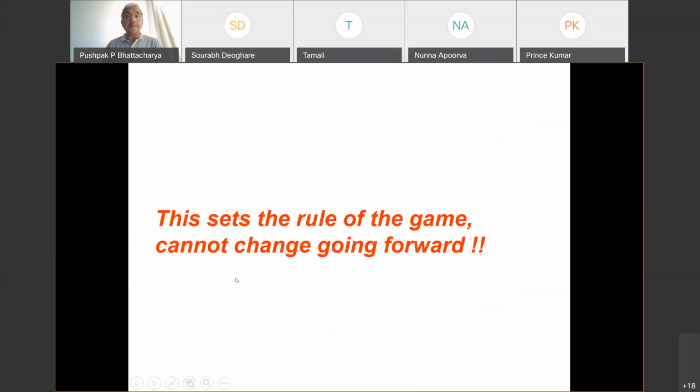So once we fix H0, the null hypothesis, and the level of significance, this sets the rule of the game, and those rules cannot change going forward.